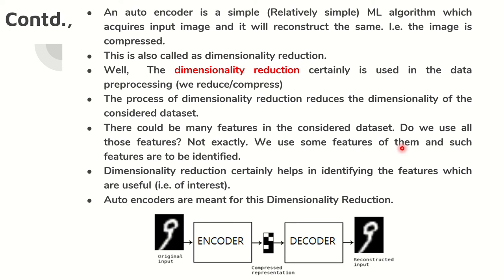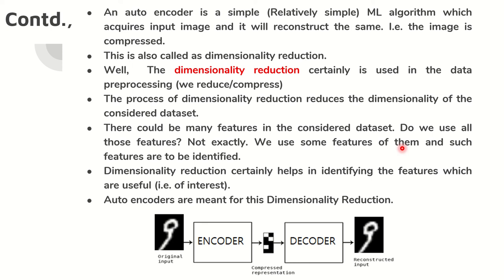This is called dimensionality reduction. Dimensionality reduction is mostly used in pre-processing, which we have seen in some cases. In this case, we are going with dimensionality reduction, which will condense or reduce the dimensionality of the considered data set.